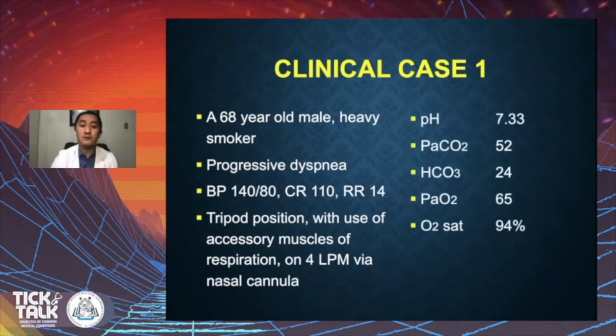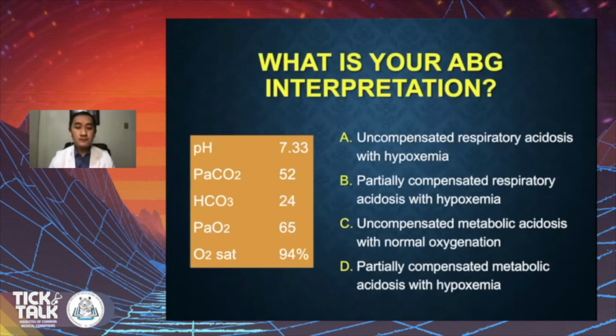And these are the following ABG results. Your pH is 7.33, arterial CO2 is 52, your bicarbonate is 24, arterial O2 is 65, and O2 sat of 94%. So what is now your ABG interpretation based on the results?